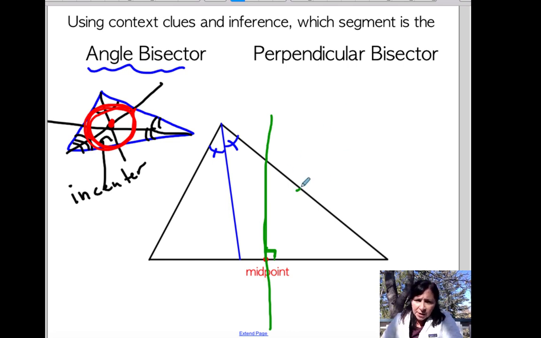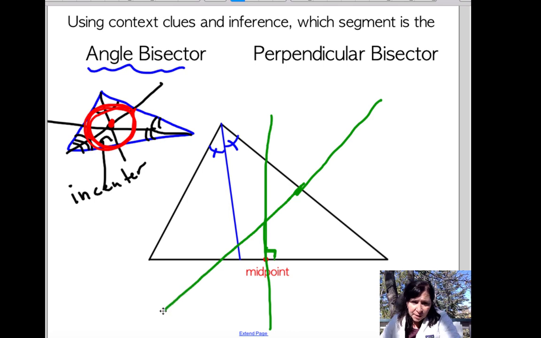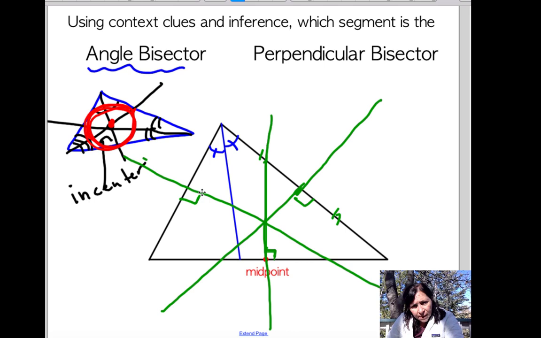I could bisect 3 sides within a triangle, so 3 perpendicular bisectors, and I would get a point here in the middle. 3 perpendicular bisectors give me something called the circumcenter.